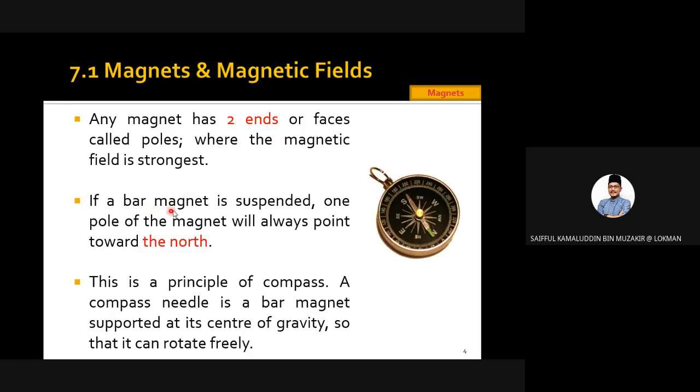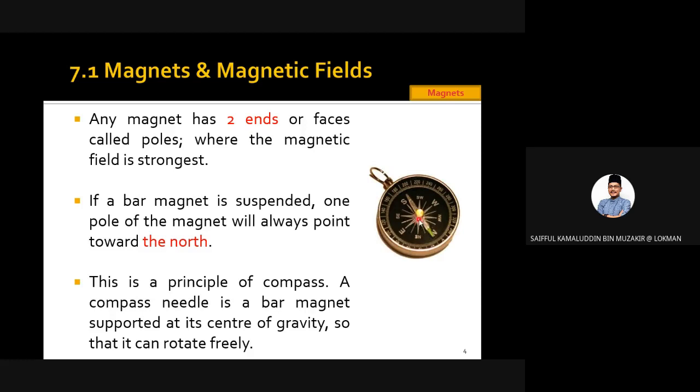If a bar magnet is suspended, for example in the compass, the needle of the compass is actually a magnet. One of the poles is known as north and the other as south pole. One pole of the magnet will always point towards the north if it is suspended at its center of gravity, so make sure that this is the center of gravity so that the needle will move freely.